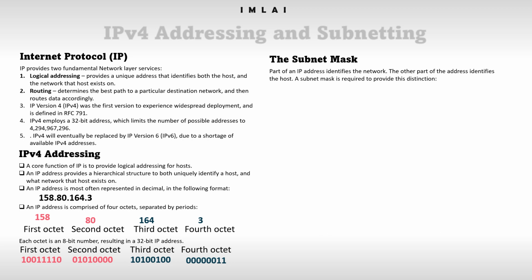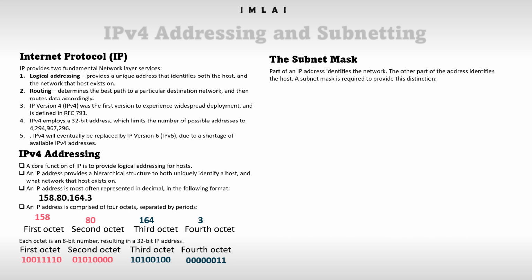A subnet is a hardware thing. It's a collection of communication lines and routers which are specific to one region. And the subnet mask is the one which makes the distinction between which part of the IPv4 address is host and which part is network.